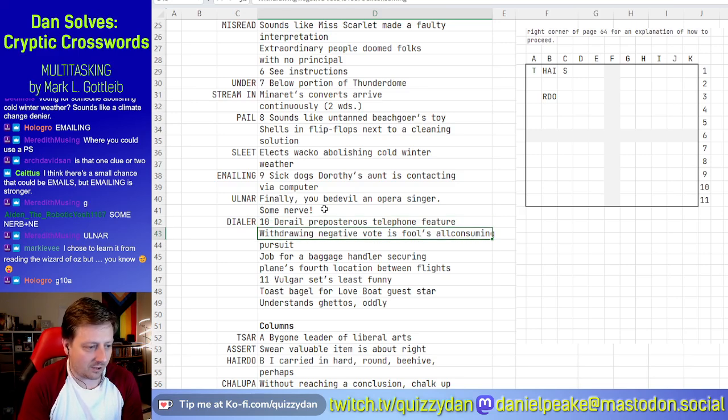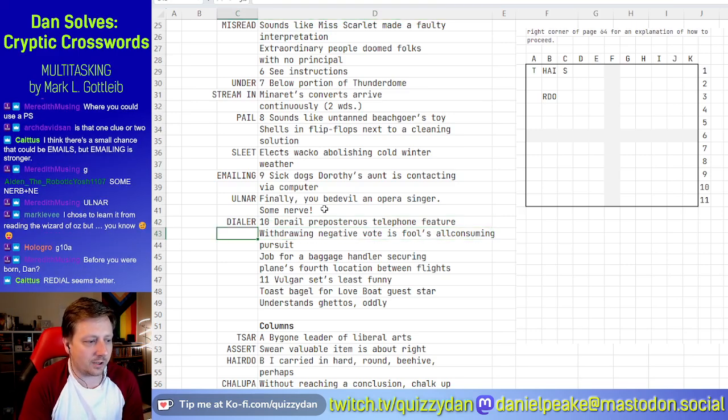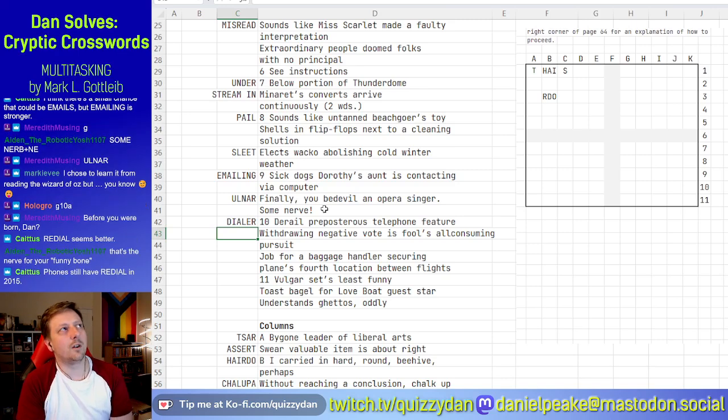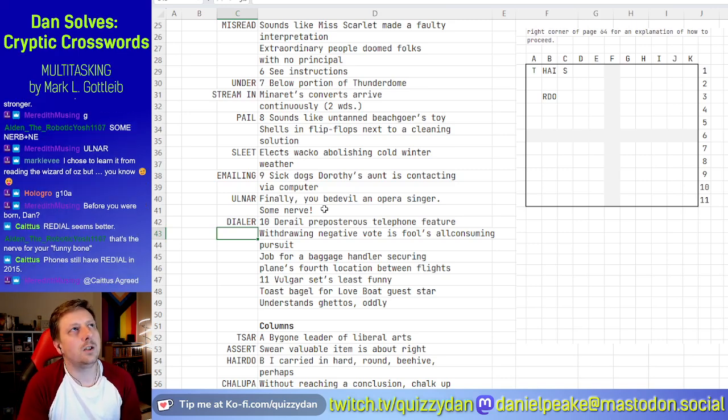Withdrawing, negative vote, is fool's all-consuming pursuit. Is it going to be like a folly? So a negative vote. Is that going to be no, or is it going to be nay? I was just checking that was all the same clue.